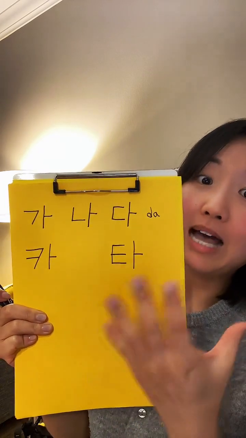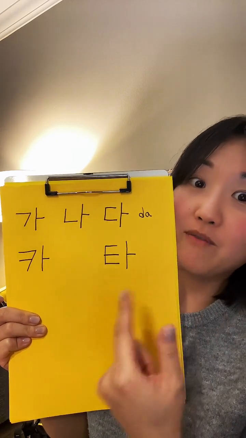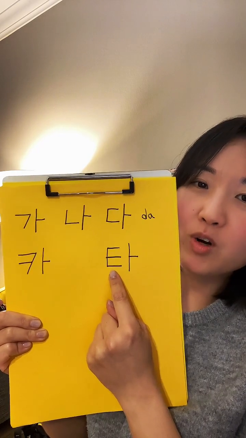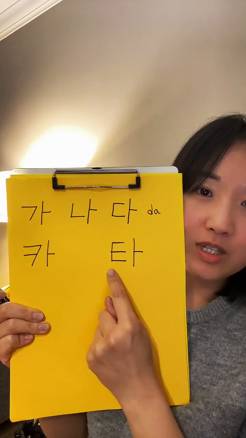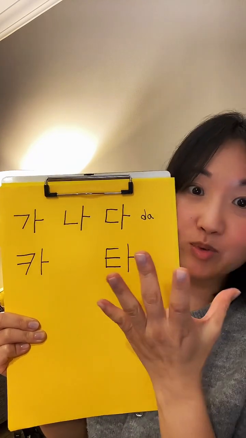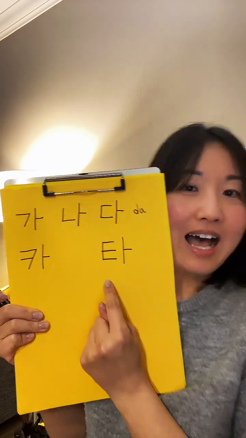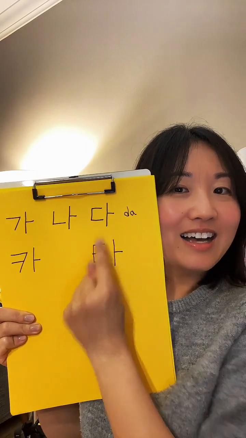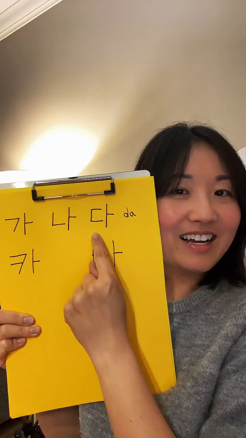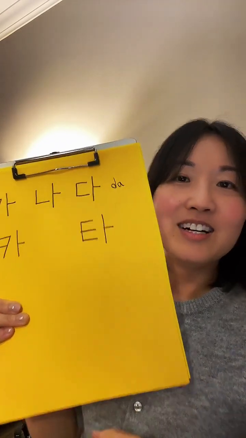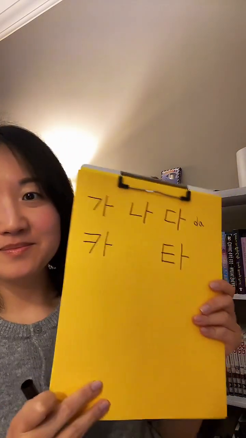Naturally, this one becomes louder because right now I'm trying to emphasize the sounds. There's more energy that goes into the t, the aspirated sounds. Ta, ta-da, ta-da. Okay, what do you think? Does this help?